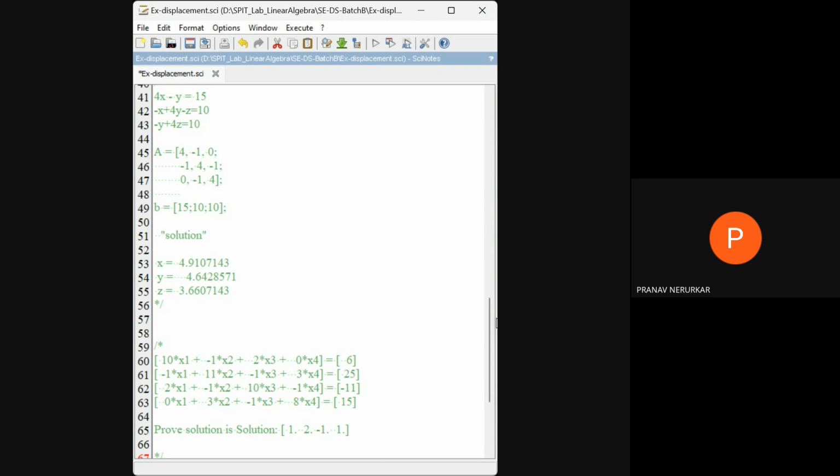So yes, by substituting in the linear equation 1, left hand side equal to right hand side. Then minus 1 plus 22 minus 1 plus 3. Yes, the second linear equation is also satisfied.